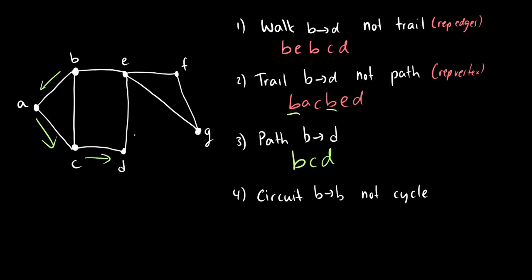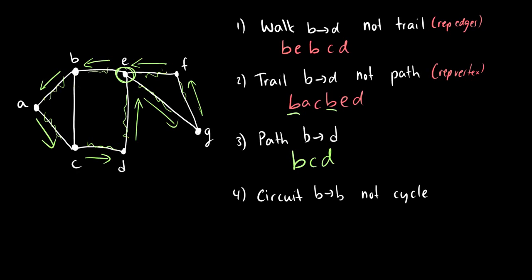That means we can only go to E. I can't go back to B now, because I still haven't reused a vertex. So let's go from E to G, G to F, and now we went from F back to G. So now we've used E twice, so it is no longer a path. And now we can go back to B. We never used the same edge twice, so it is a circuit, but we hit E twice, therefore it is not a cycle.